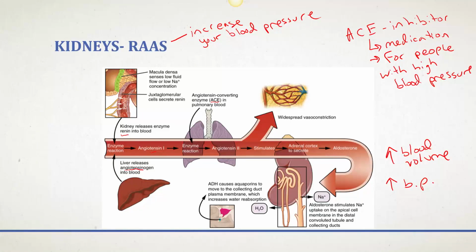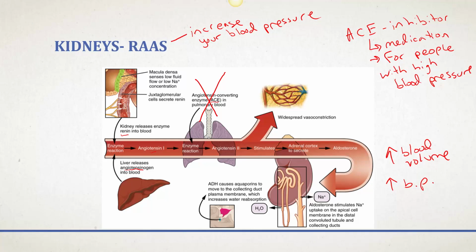So what this will do is it actually blocks this pathway. This pathway, its main goal is to increase your blood pressure. So if we have an inhibitor that blocks this angiotensin converting enzyme, we block this step along this pathway. So ACE inhibitors, that's the medication for people with high blood pressure.